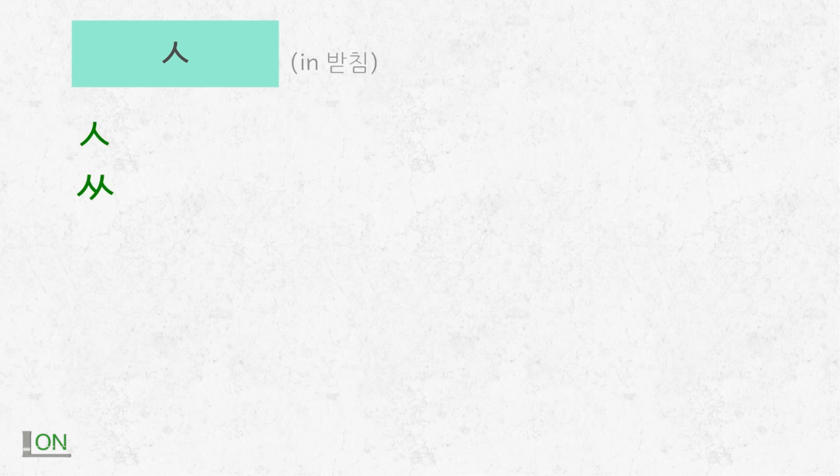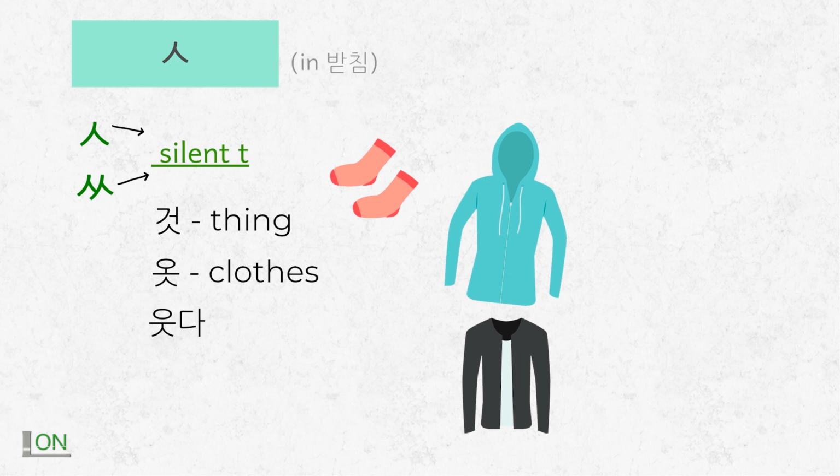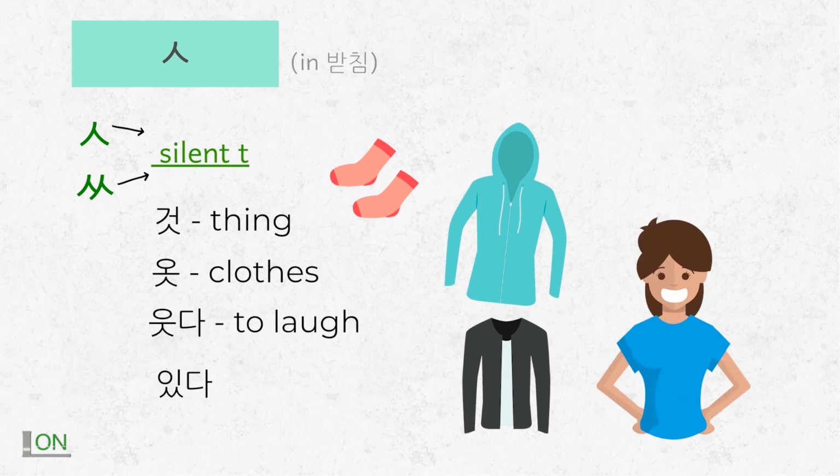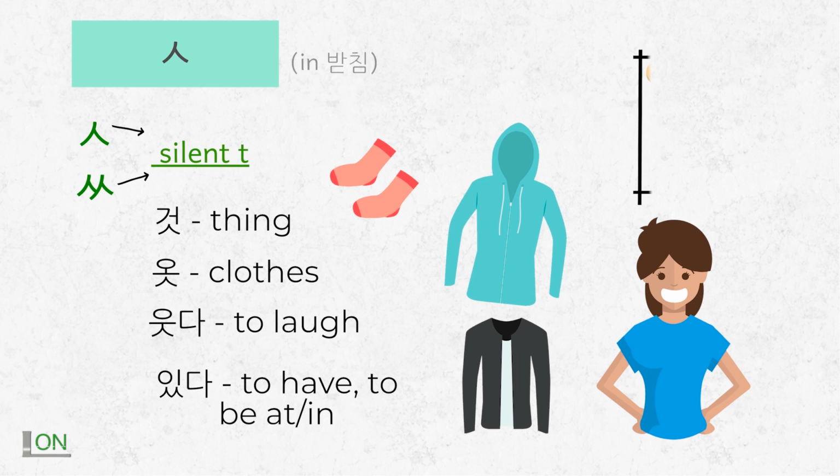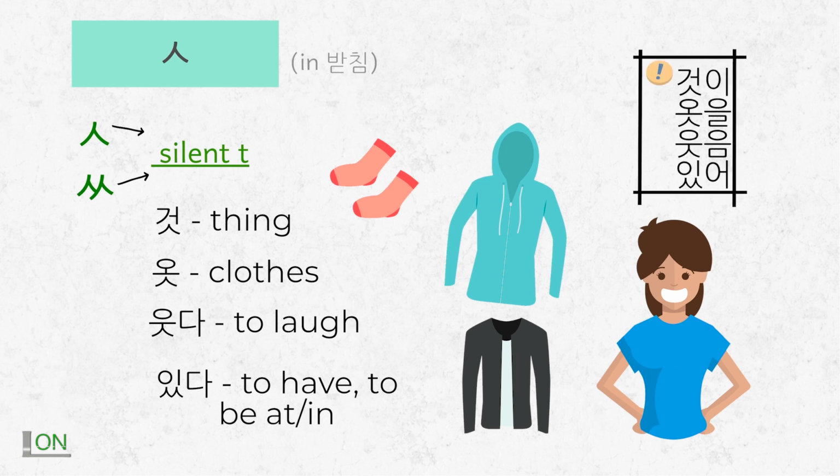S and s are gonna be silent too. For example, 꽃, thin, 옷, clothes, 웃다, to laugh, 있다, to have, to be, at, in. But if there is a vowel after them, then they're going to be pronounced as 곳이, 웃을, 웃음, 있어.